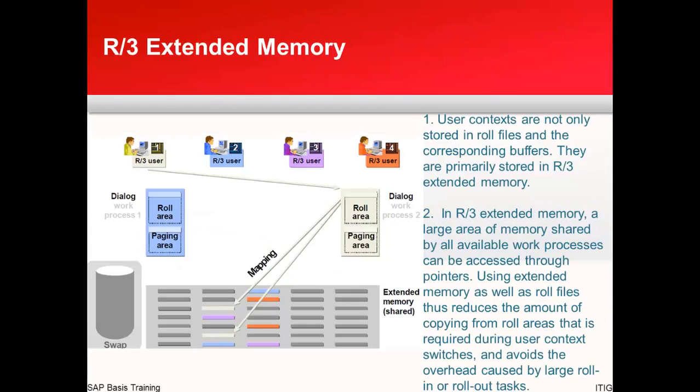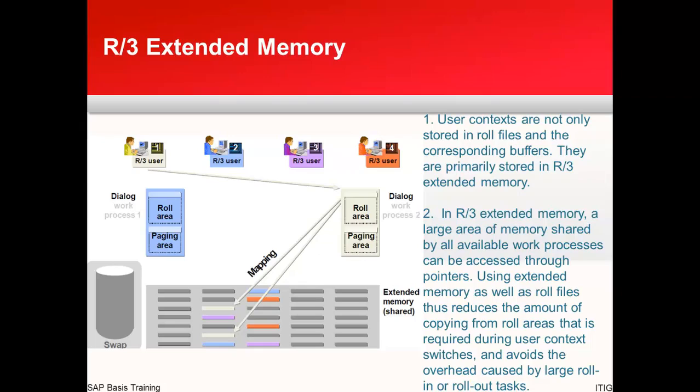Okay, next is the extended memory. User contexts are not only stored in role files and the corresponding buffers, they are primarily stored in R3 extended memory. In R3 extended memory, a large area of memory shared by all available work processes can be accessed through pointers.